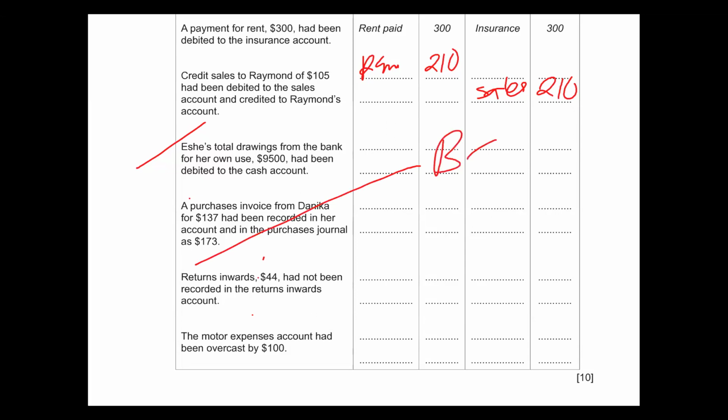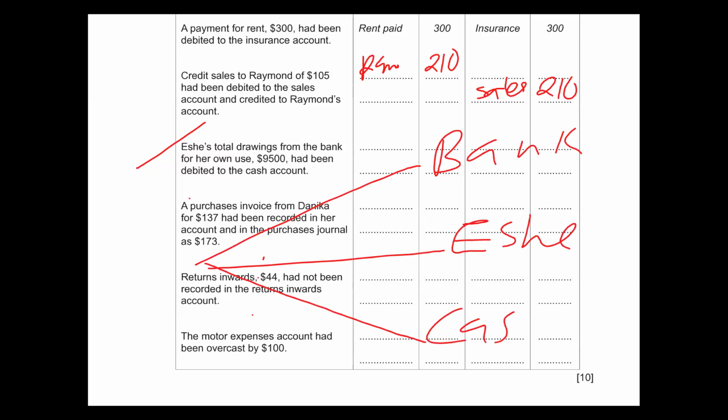There is the bank here. There is the business owner. And there is the cash account for the business. Okay, this is for the business. Are you able to see what I'm writing? And the bank account is for the business.